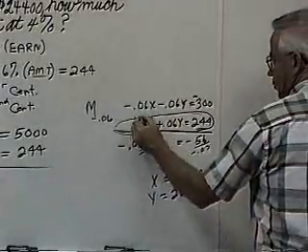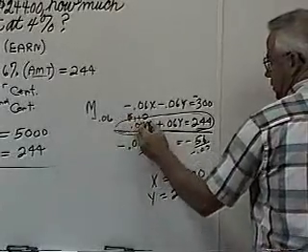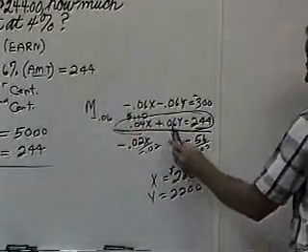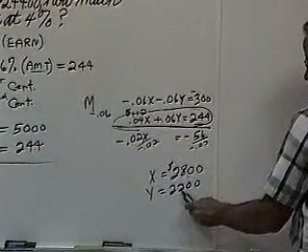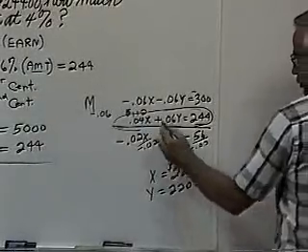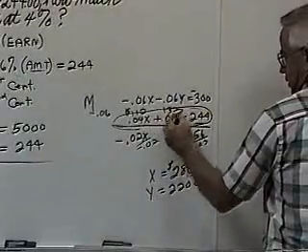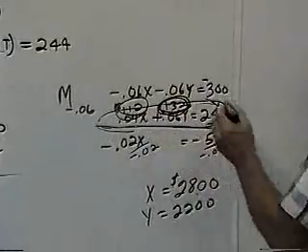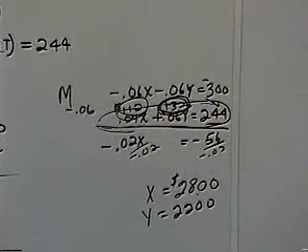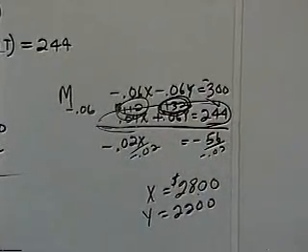So that would be $112. And 6% of 2,200 would be $132. So $132 plus $112 does add up to 244. Therefore, we worked it correctly.